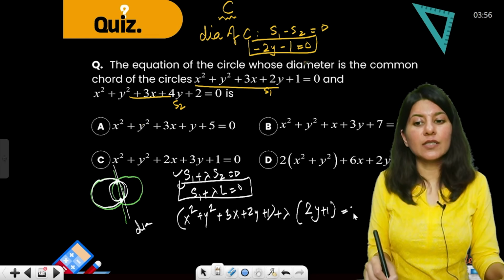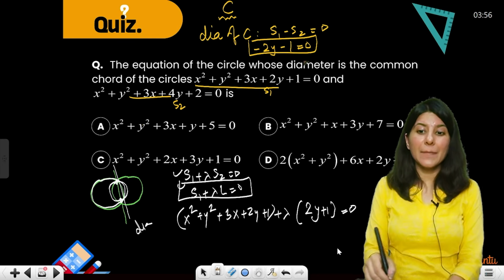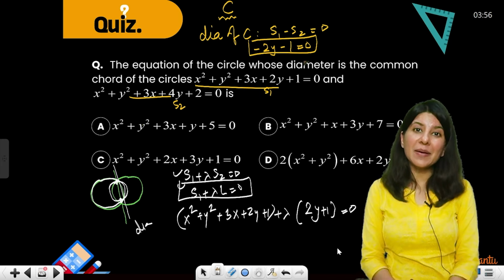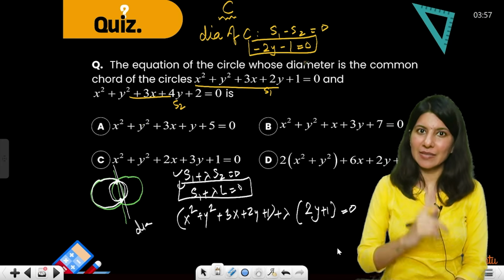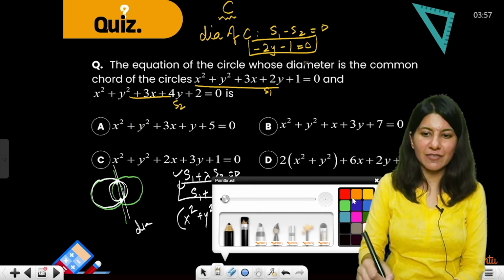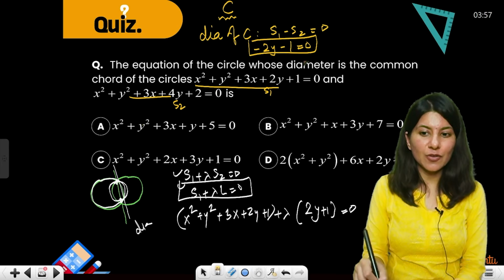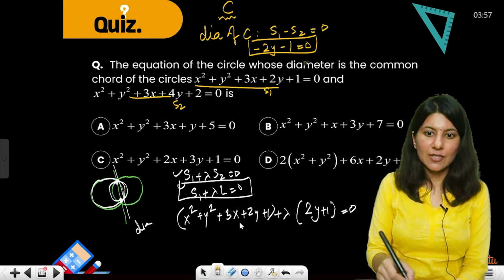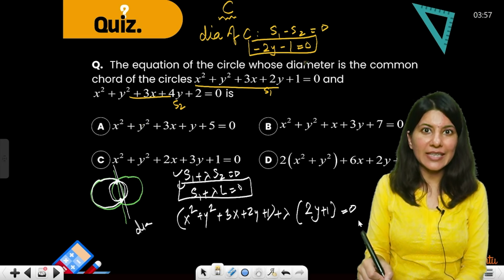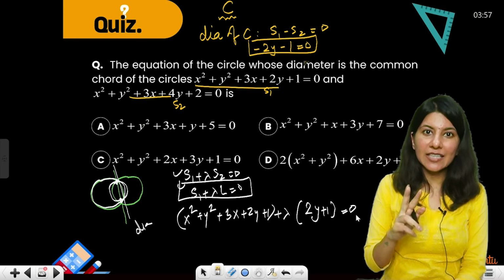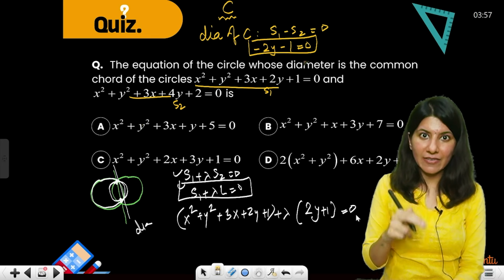Now you must be wondering, ma'am, but where will you get the value of lambda, because no condition is given after this? Yes, there is a hidden condition. Can you calculate the center of this whole circle? You can calculate it by reversing the sign of the coefficient of x and dividing by 2.